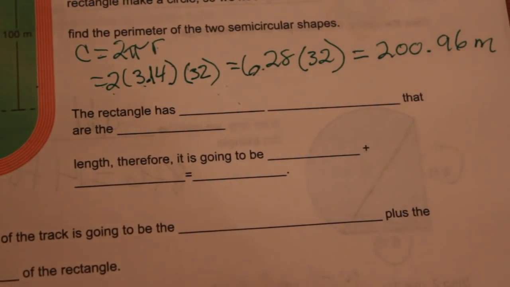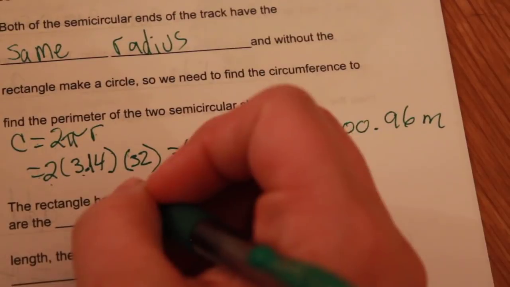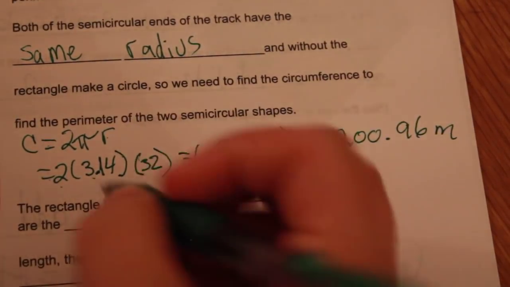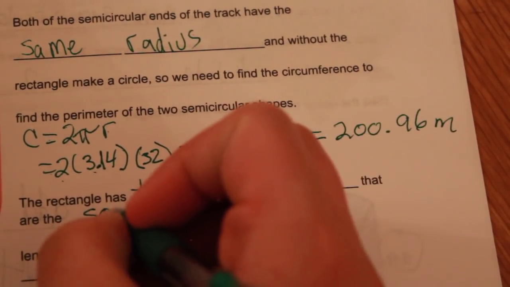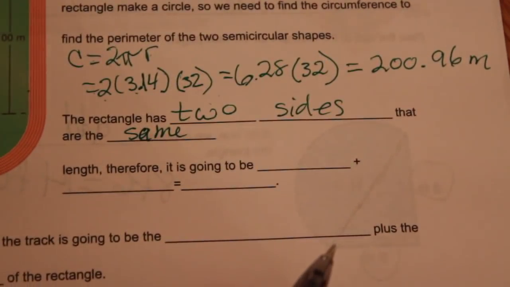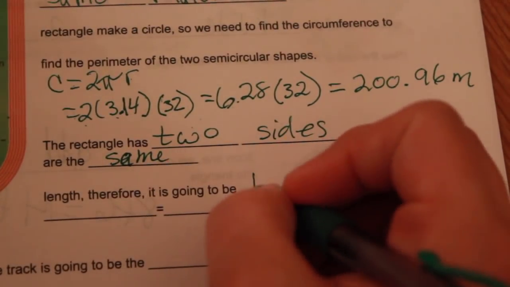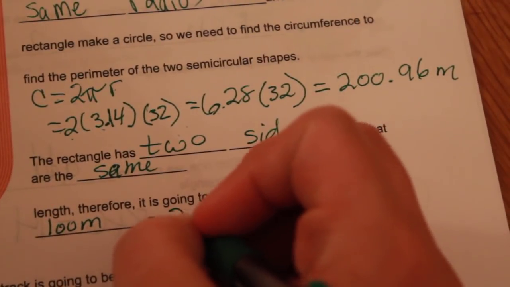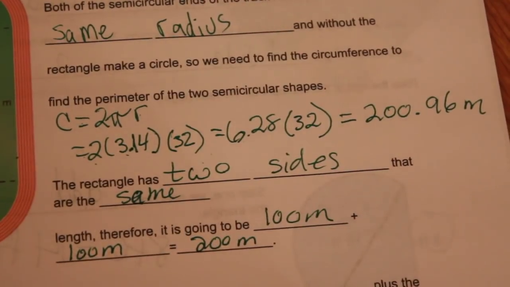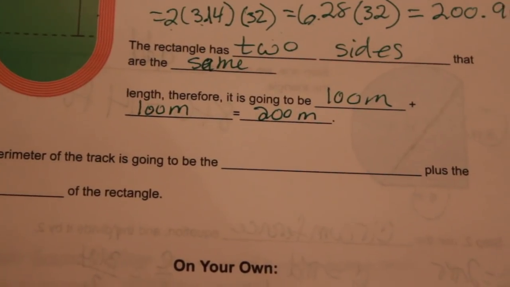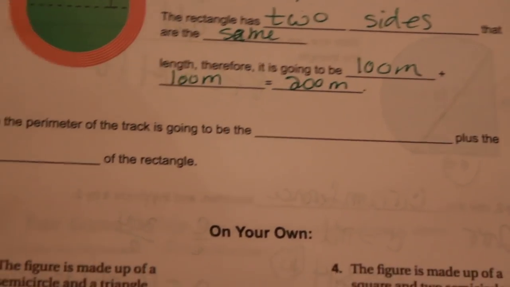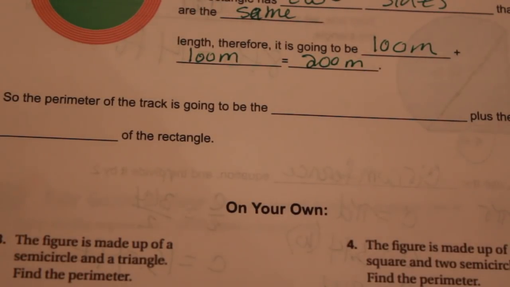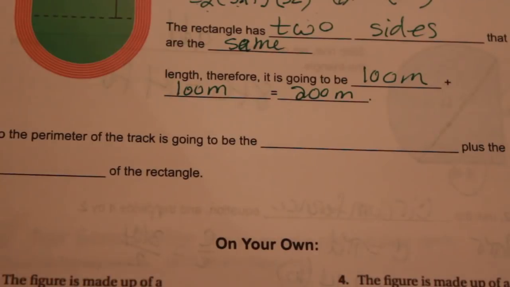The rectangle has two sides that are the same length. Therefore, it is going to be 100 meters plus 100 meters equals 200 meters. So the perimeter of the track is going to be the circumference plus the sides of the rectangle.